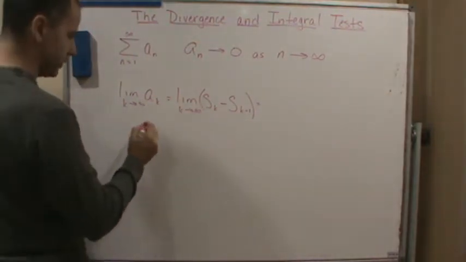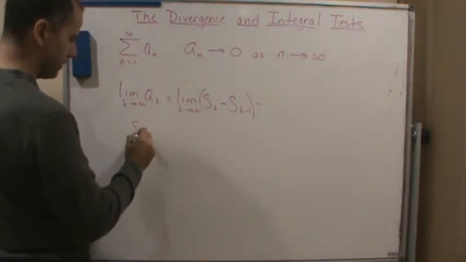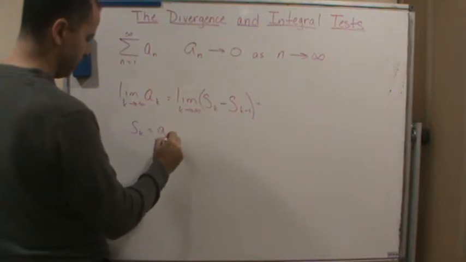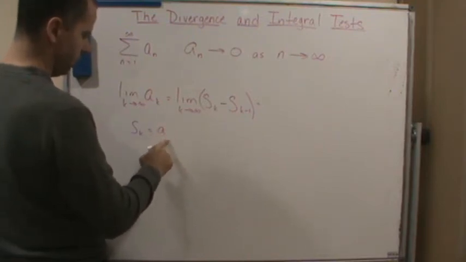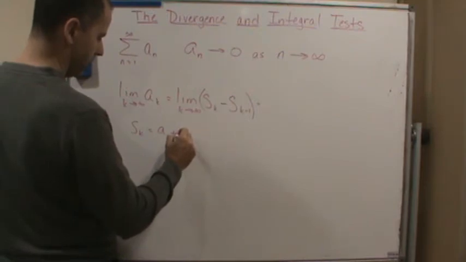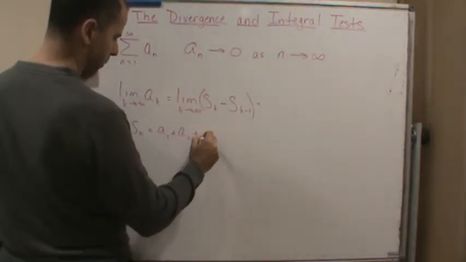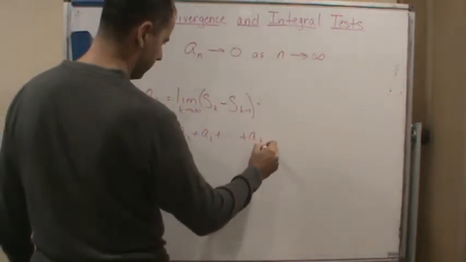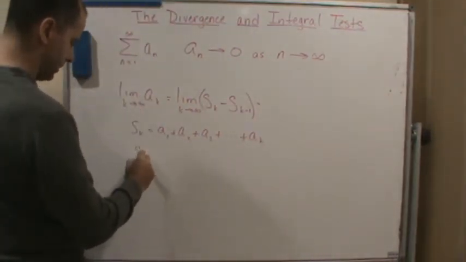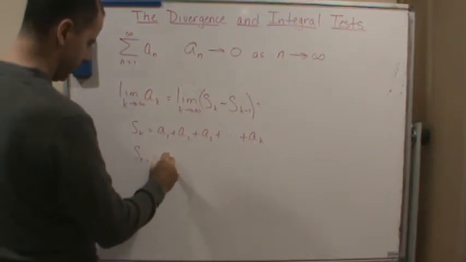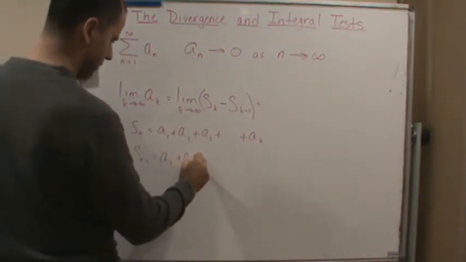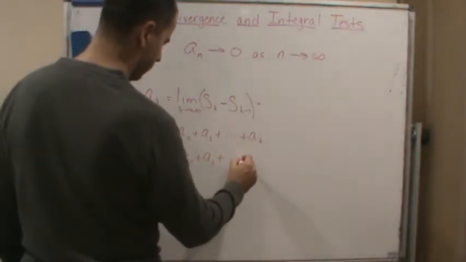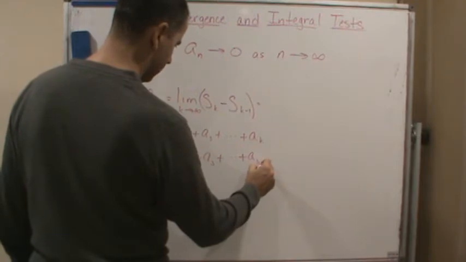Right? And so again, if you don't see that, just think of s sub k is equal to what? It's going to be equal to a1 plus a2 plus a3 plus all the way up to a sub k, right? And then s sub k minus 1 is going to be a1 plus a2 plus a3 plus all the way up to plus a sub k minus 1.